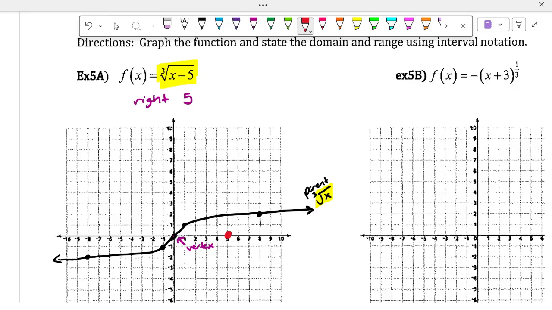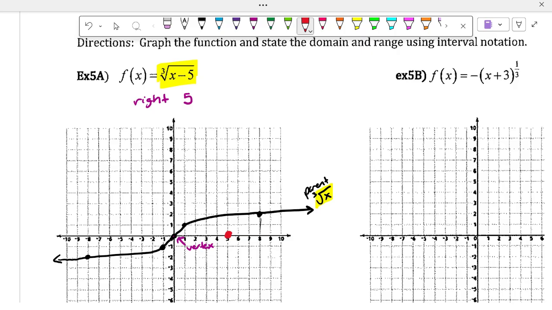So look at my new vertex now. How do you think I can find that based off of my graph? Well, yeah, it's because of the transformation. But if I didn't know the transformation, or didn't know how to find transformations, how do you think I would find the vertex without having to do a lot of legwork? Put it in the calculator.